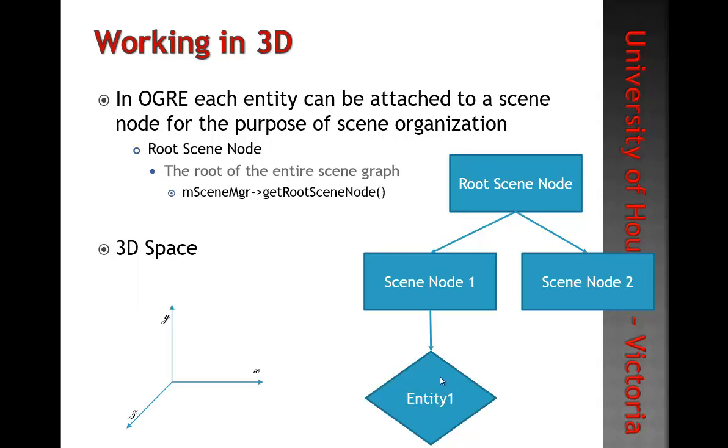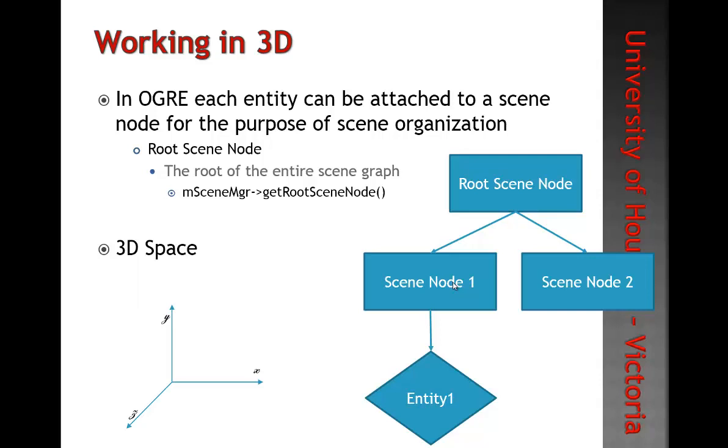Then each entity needs to be attached to a node that will have a 3D representation, so we can implement different kinds of manipulations on it, move it around by translating it, rotating it, or scaling it up and down.